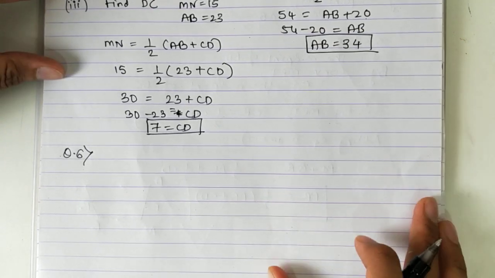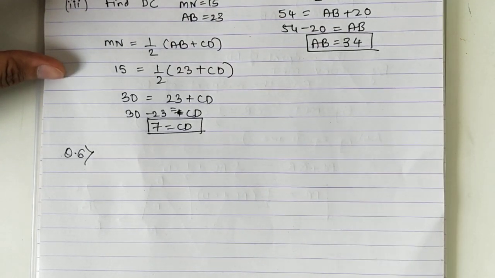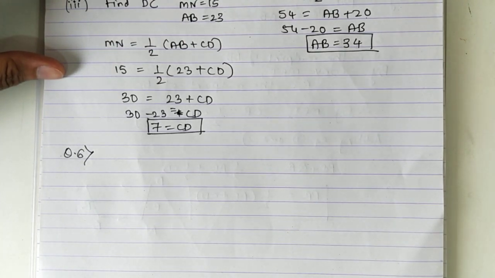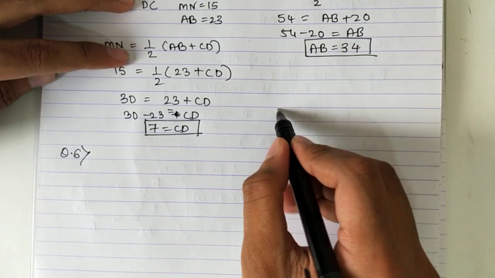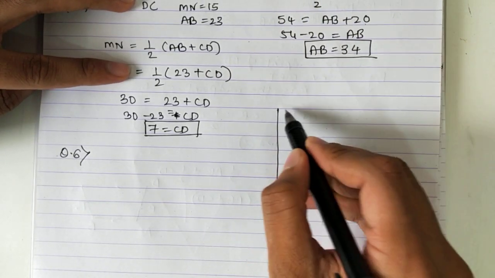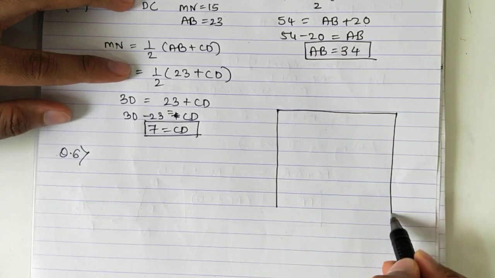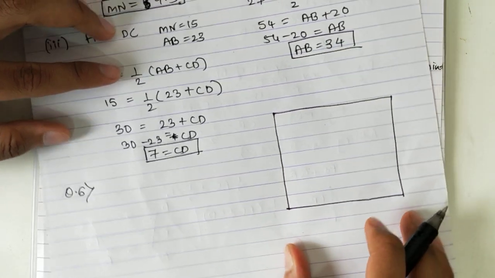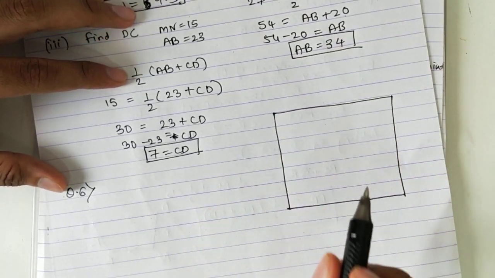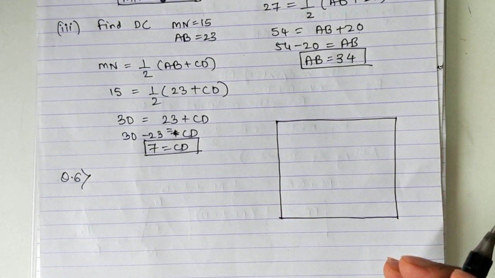Question number 6. The question says, the diagonals of a quadrilateral intersect at right angles. So there is a quadrilateral, and diagonals of this quadrilateral. See, quadrilateral means any four-sided figure.